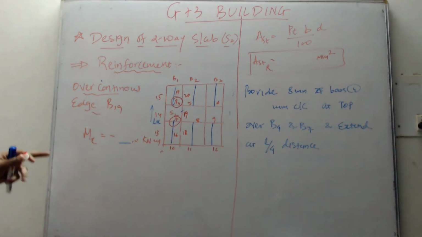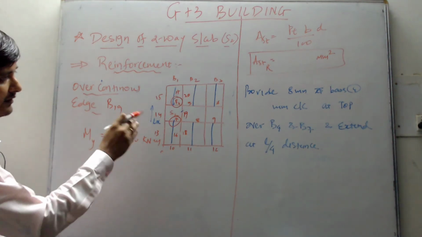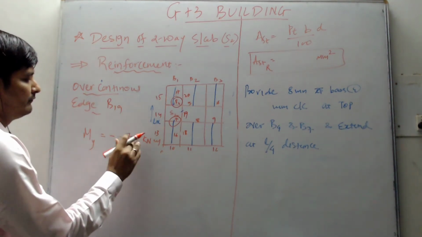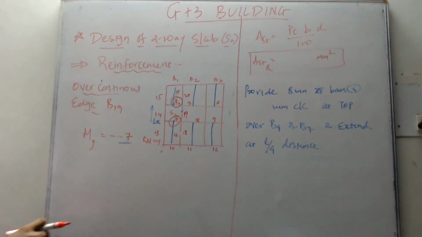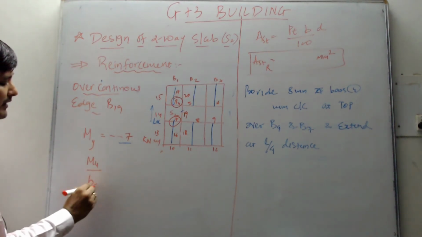So here we need to consider negative My value, because it is along the longer direction. We have calculated that value as -7 kilonewton meter. Then calculate Mu divided by bd square ratio.